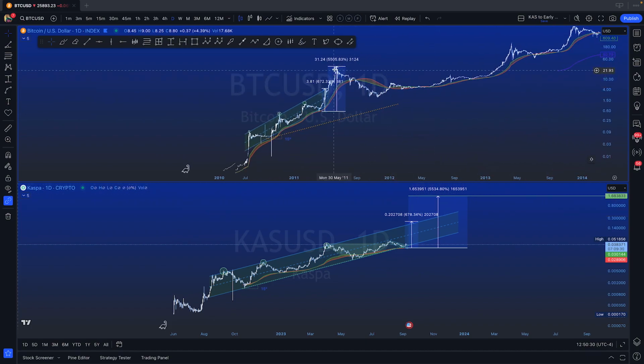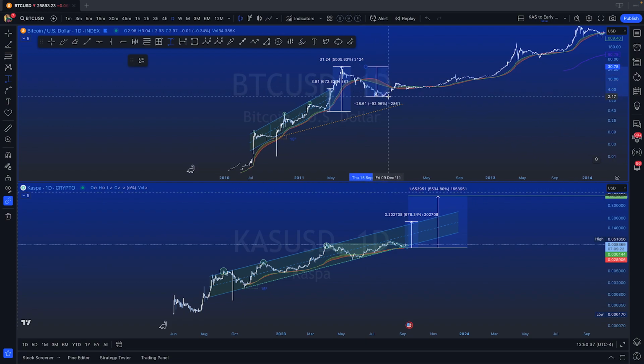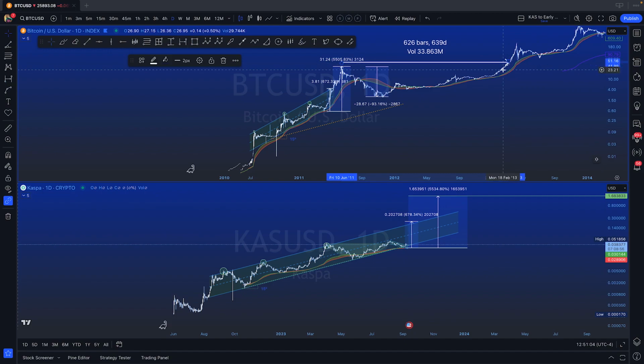So that's interesting, right? Peaked here, came down, and saw a 92%, 93% decline, something like that, down below the bull market support band, clearly in a bear market, big drawdown. And then you're back up, and you're going. And then it took 626 days or so to get back above the previous all-time high.